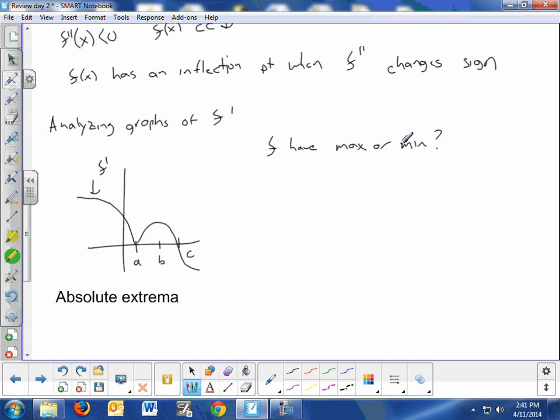Just at C. Because that's when f prime changes sign from positive to negative. And C, therefore, would be a max or a min. A max.